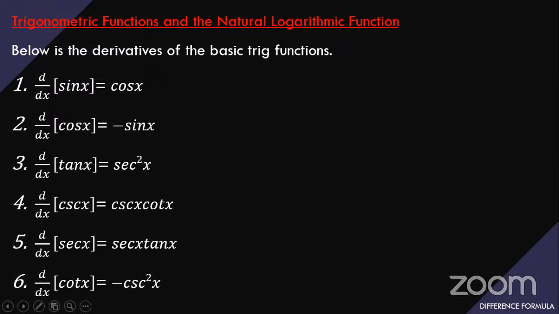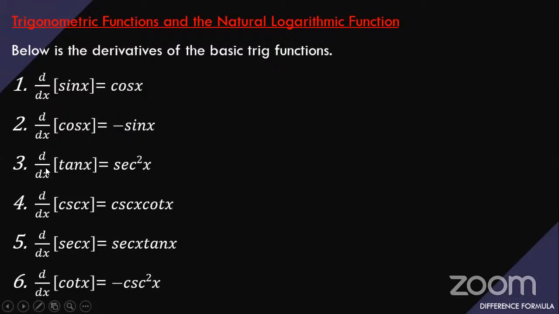So let's consider the trigonometric function and the natural logarithmic function. Below are the derivatives of the basic trig functions. One, d/dx of sine x, we can derive it to be cos x. The second one, if we differentiate d/dx of cos x, what we'll get is minus sine x.